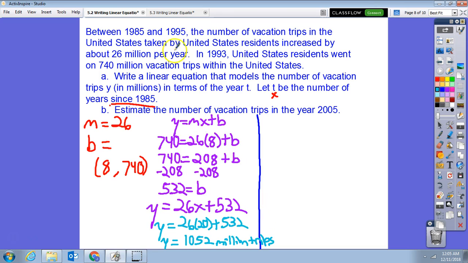We've gone outside the boundaries of where our equation is actually accurate, and we're going into a guess, an estimate here. It's not going to be a really good one because the number of trips could have changed here. 26 million per year may not be the current rate.